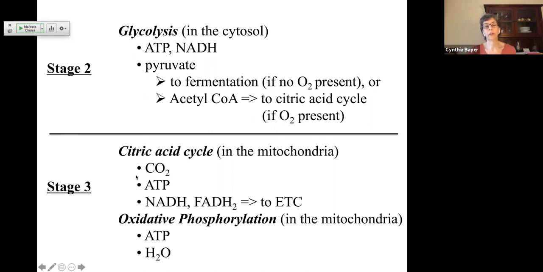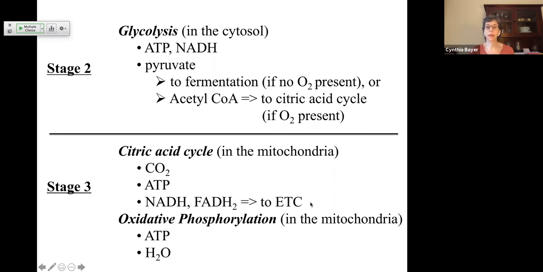The citric acid cycle generates more ATP, and extracts more electrons, carried in the electron carriers NADH, plus another similar one that we call flavin adenine dinucleotide, FADH. And all of those electrons are carried to the electron transport chain.